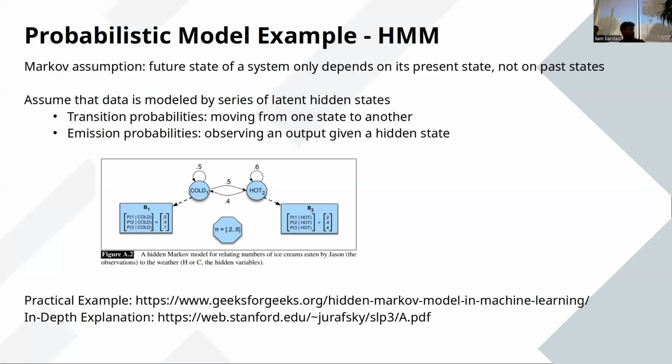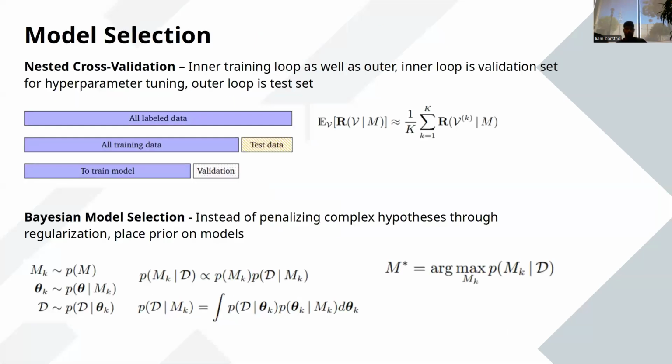I also gave a practical example of this one if you're interested, and a more in-depth explanation. So moving on, and this is very, very close to the end here, don't worry. One of the other things, so we mentioned cross-validation.